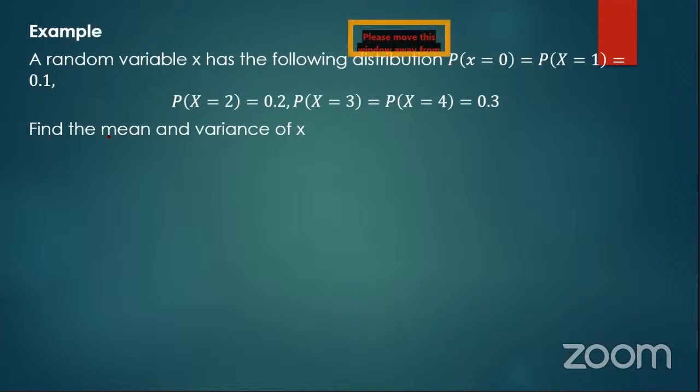We are told to find the mean and variance of x. So what we do first is to have this information in table form. After that, we can go ahead to find the mean and the variance of x.